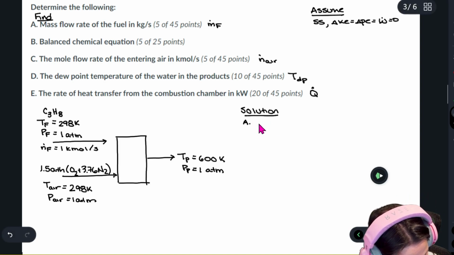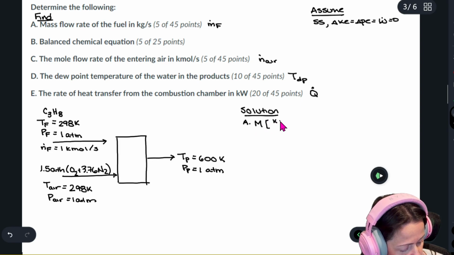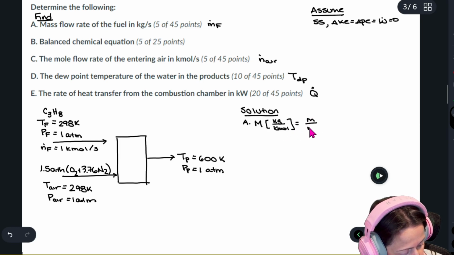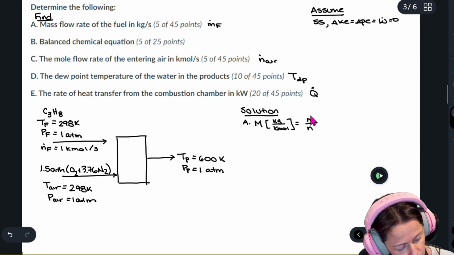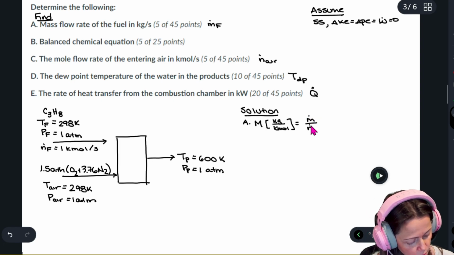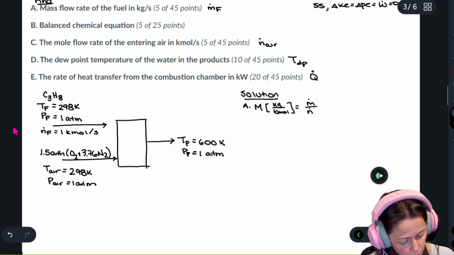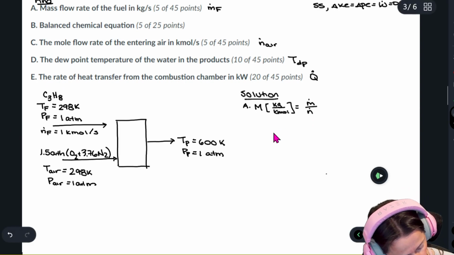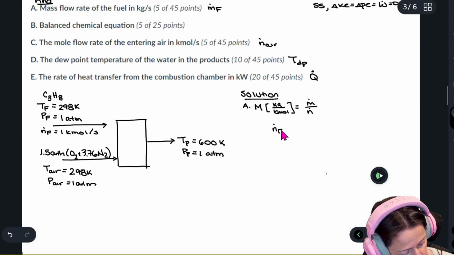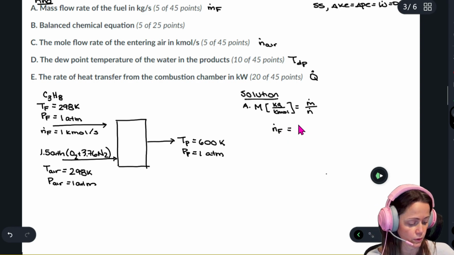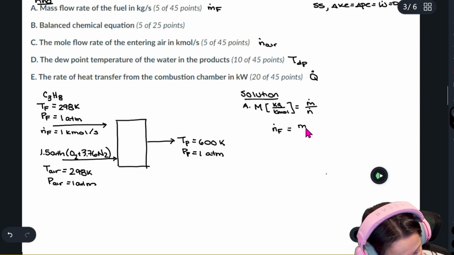Molar mass is in terms of kilogram per kilomole, so it's mass over moles. Of course, I could put this in terms of flow rates if I wanted to. So that means the molar flow rate of my fuel would be m dot over the molar mass.